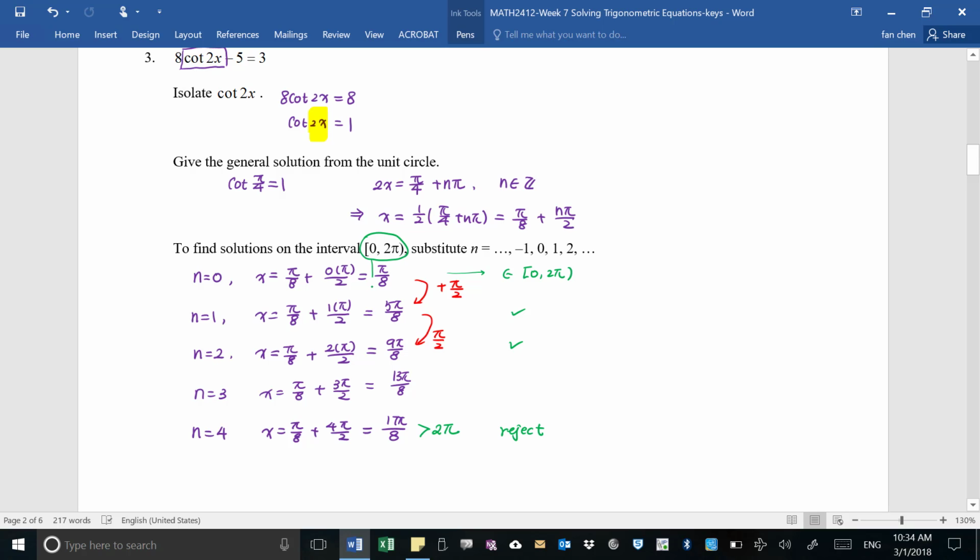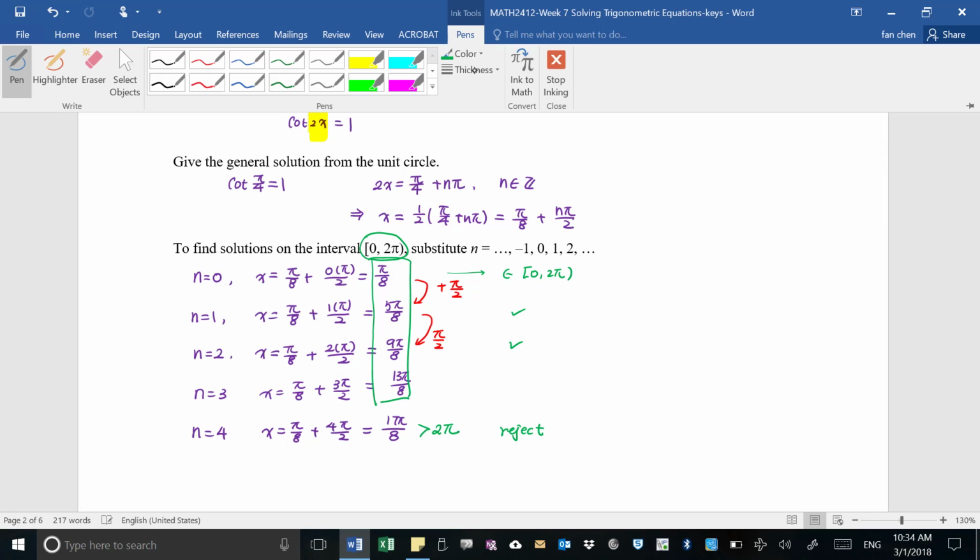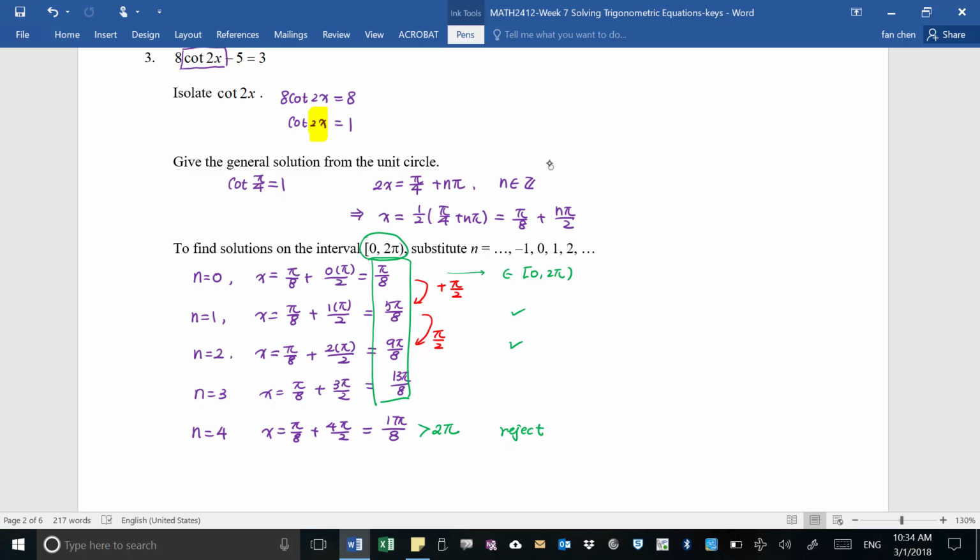The only solutions are all those. So therefore, I can write the solution as pi/8, 5pi/8, 9pi/8, and 13pi/8.